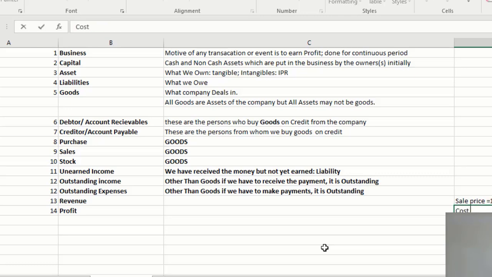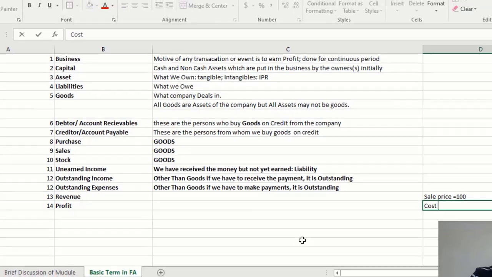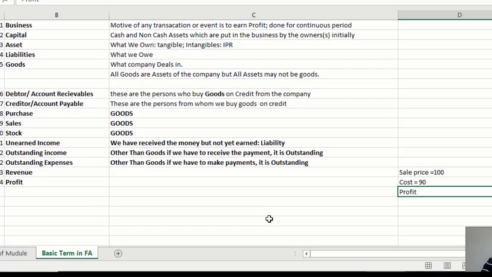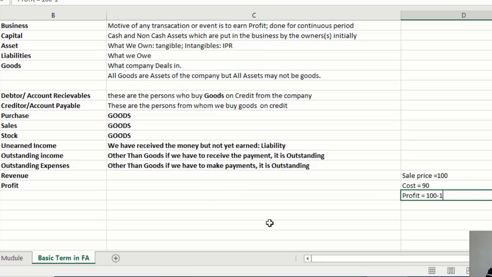The cost of the product is 90. So what is going to be the profit? Profit is equal to 100 minus 90 is equal to 10. This is clear. Now the question arises in this particular part, what is revenue?